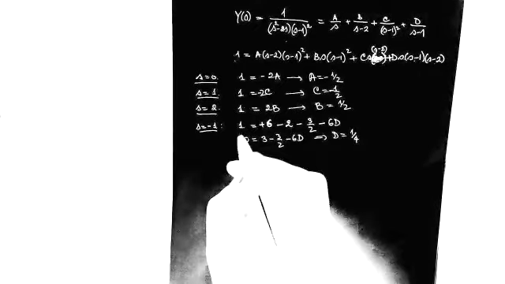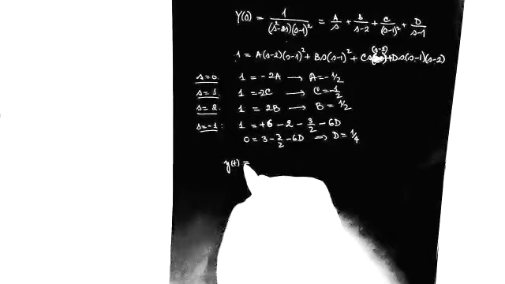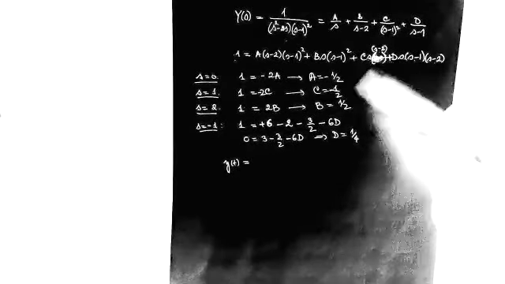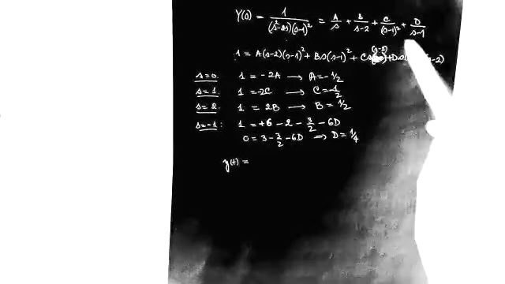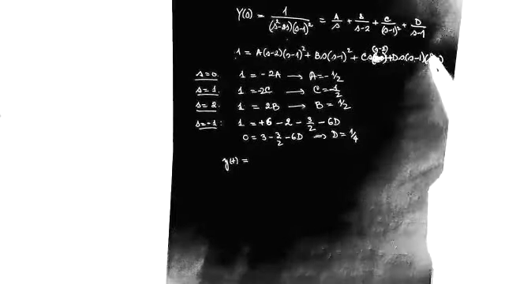And so you would have little y of t. And sometimes I even ask students, after writing this down, if you can't get those coefficients, perhaps go ahead and find the inverse Laplace transform of what you have there.